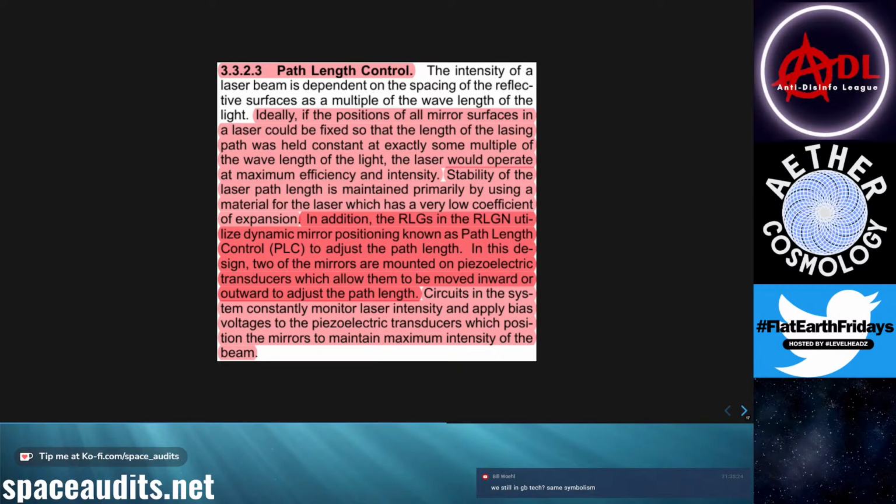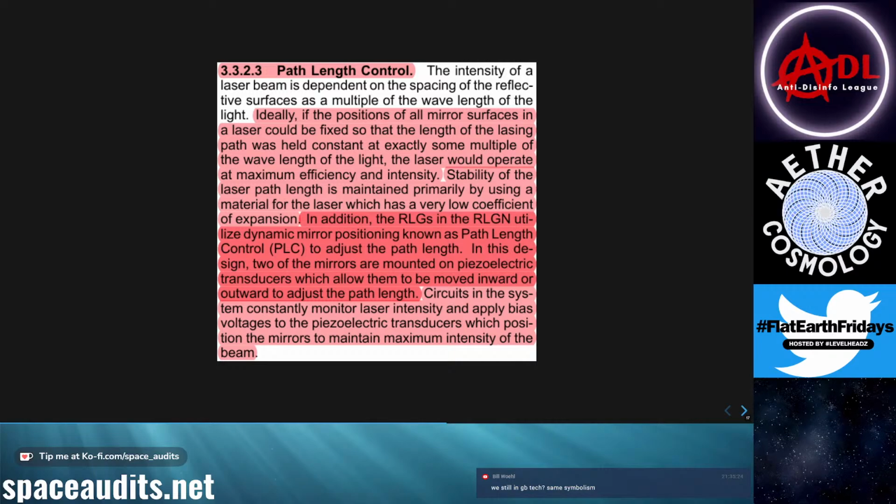So the intensity of the laser beam is dependent on the spacing of the reflective surfaces as a multiple of the wavelength of light.